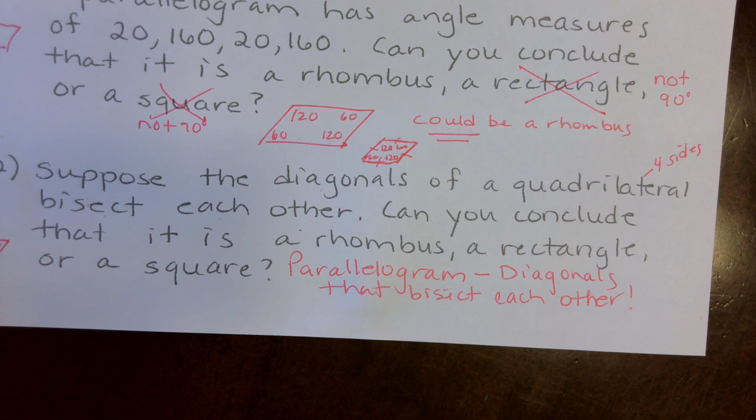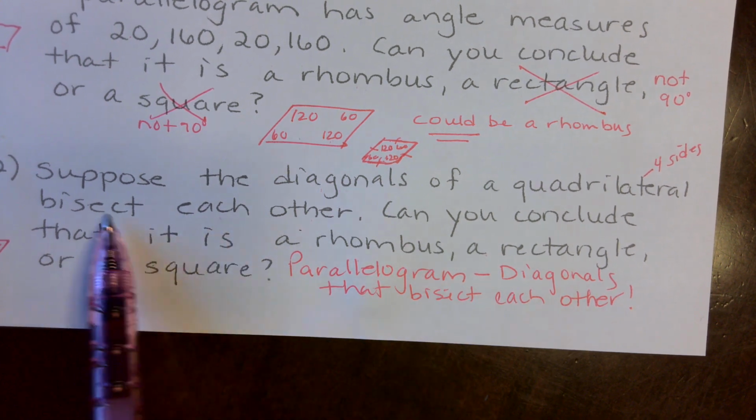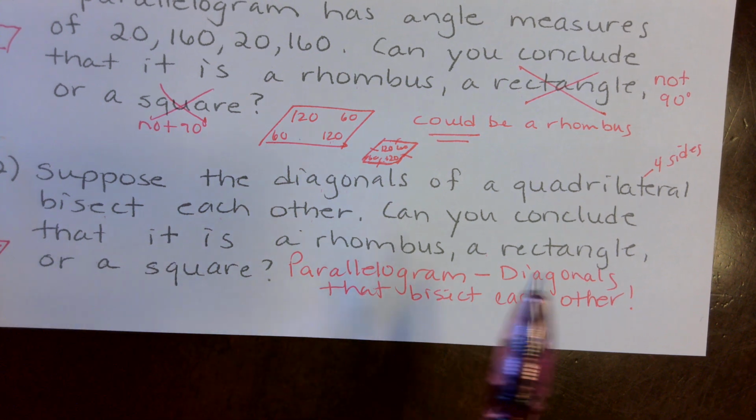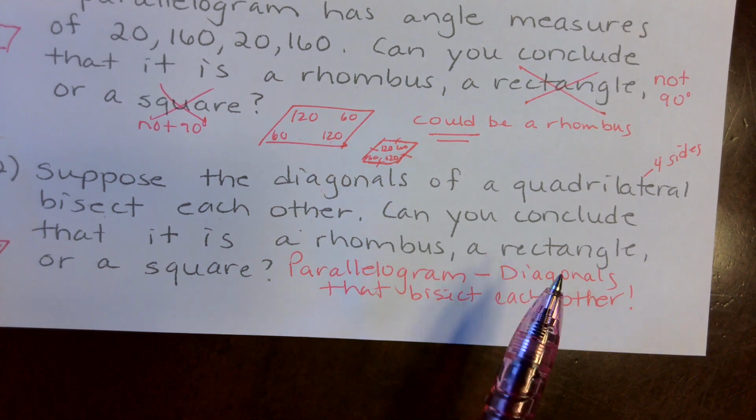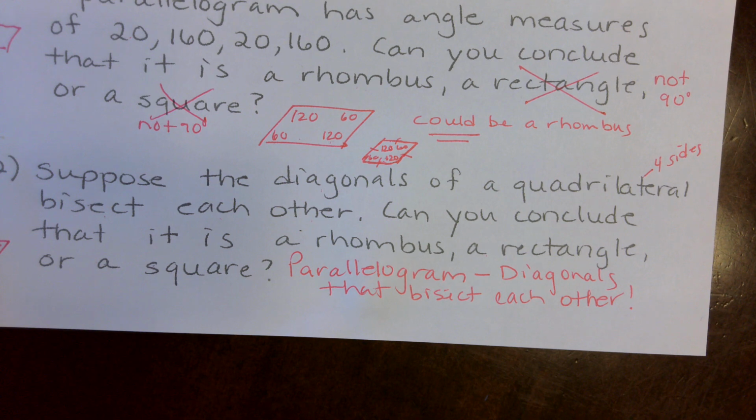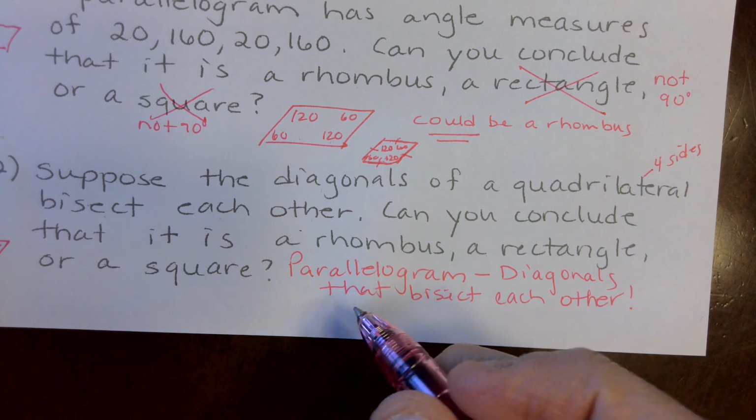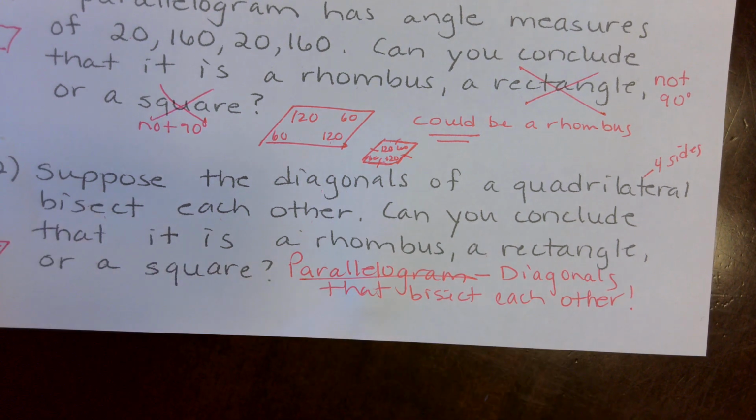Okay, so basically you can say this is a parallelogram. You cannot say if it's a rhombus, a rectangle, or a square. Could be. Don't know. All we know for sure is that it is a parallelogram. All right.